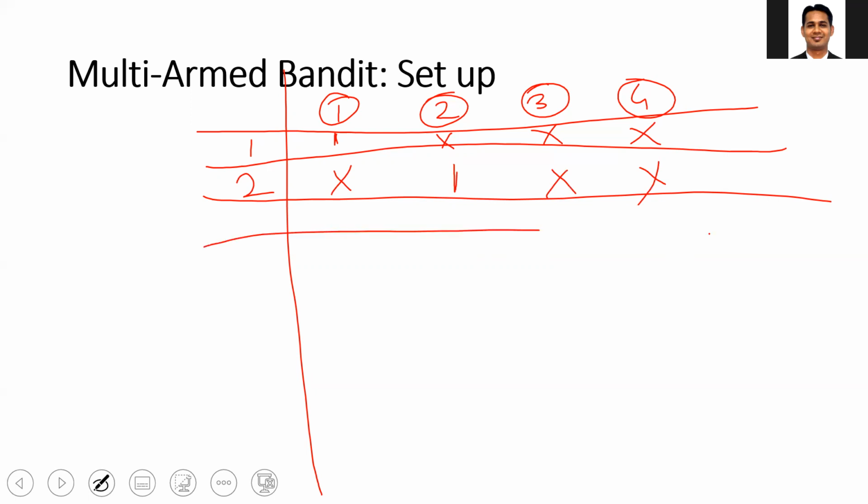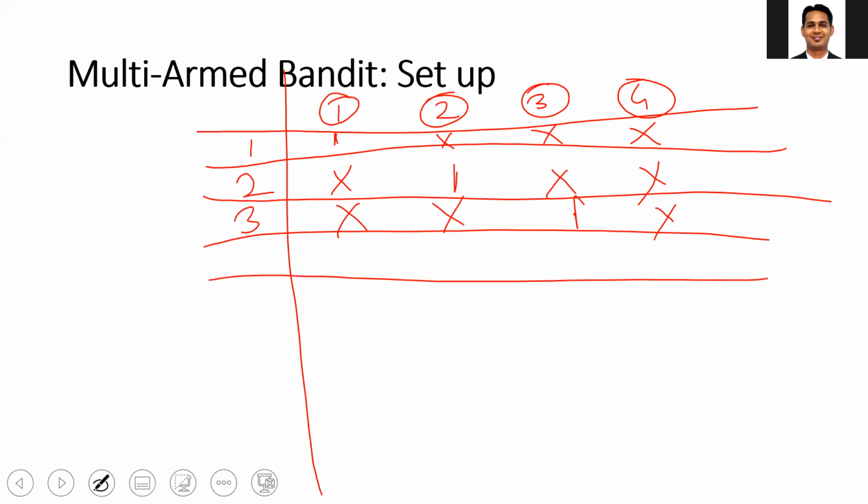Then in the third attempt you select arm 3, and you also get reward 1, and in the fourth you select arm 4 and you get reward 0. Now you have selected each arm once. Now you need to learn from the previous attempts and select a particular arm. I can see that the first 3 arms gave a good reward of 1, so I'll try to select one of them.